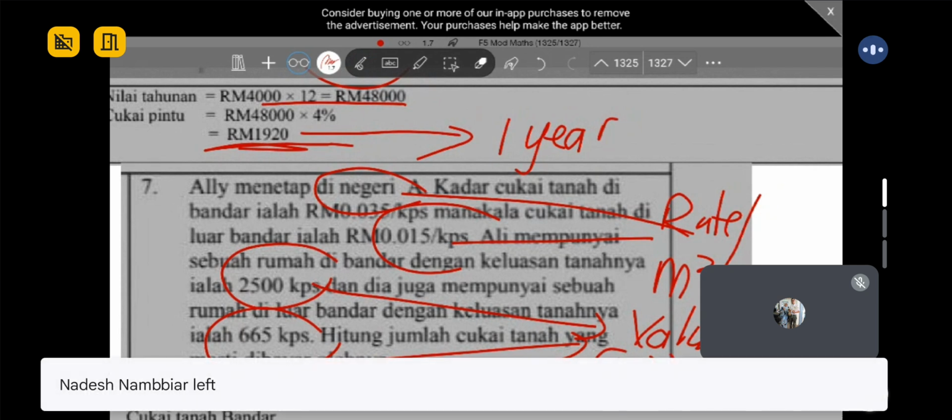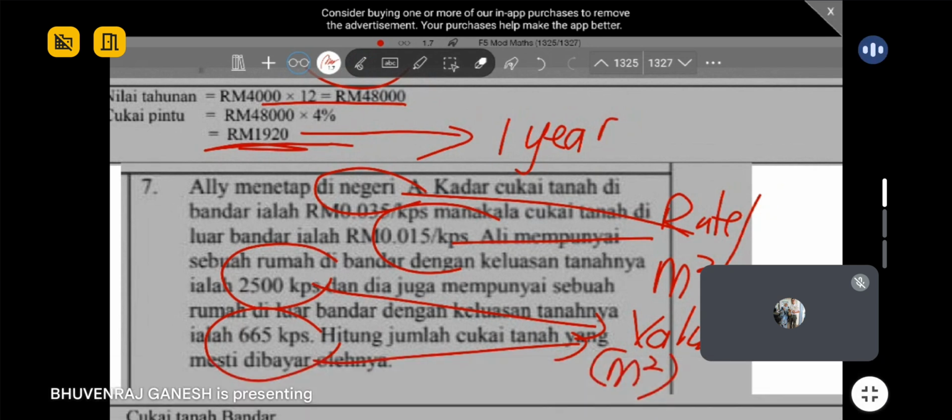So do you get it? Remember they ask you the total, so you must add the tax for the town with the tax for outside the town. You must add both values because they ask you total.